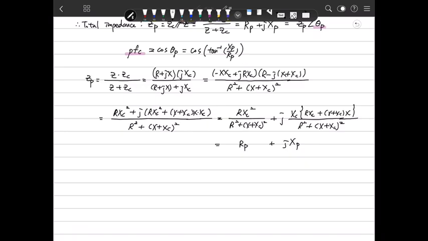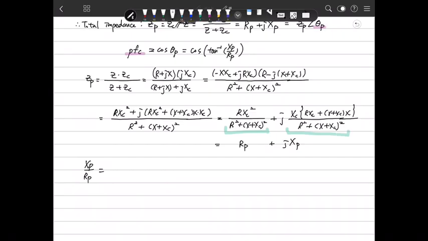So we want to know the load angle including the compensating impedance. We want to know the angle, which is XP over RP, because this is RP and this is XP.